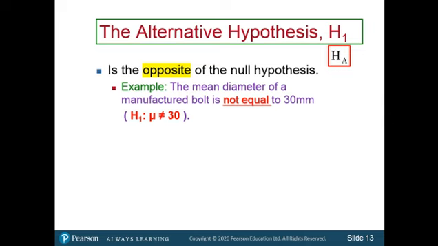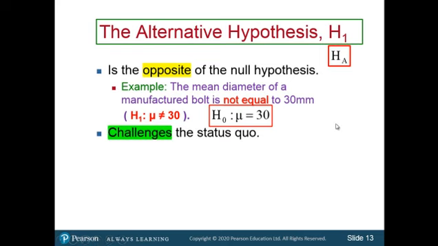Then we write our alternative hypothesis as H sub 1: mu not equal to 30, and our previous null hypothesis as H sub 0: mu equal to 30. So we use the equal sign for our null hypothesis and not equal to for our alternative hypothesis. The symbols we use for the alternative and the null are opposite of each other.